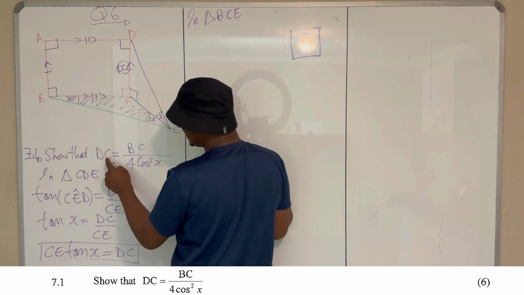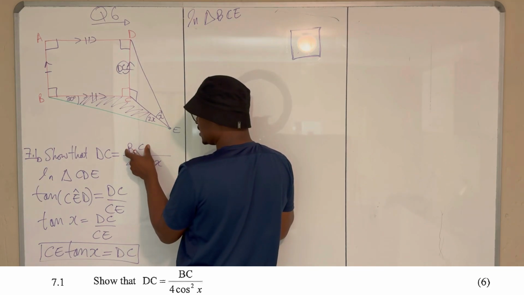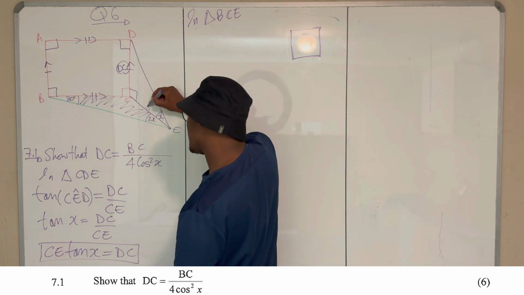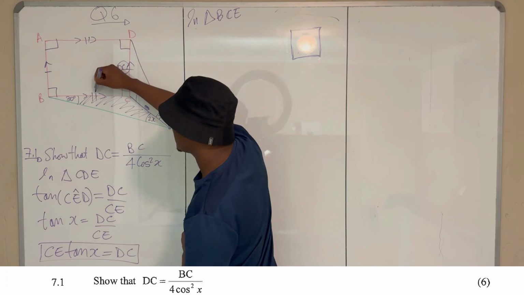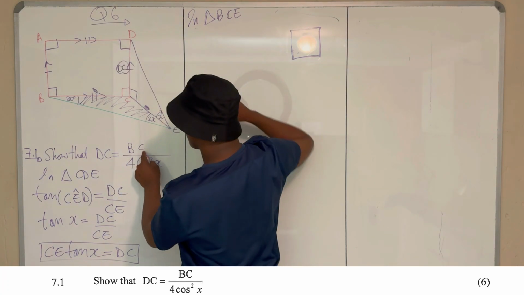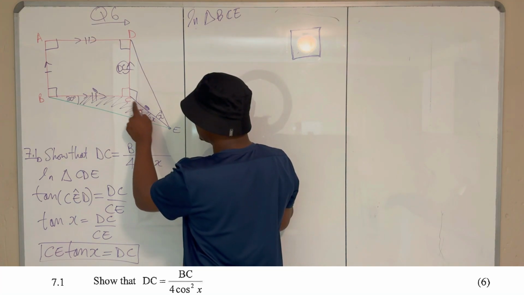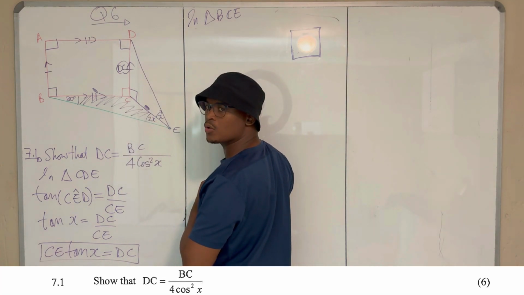But if you look at DC that you're looking for, it also contains BC. So you want to find this side, and this side should be involved in the final product. So what connects this side and these two sides is the sine rule.